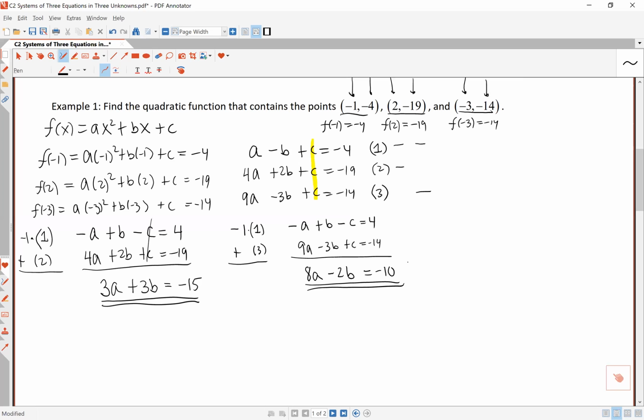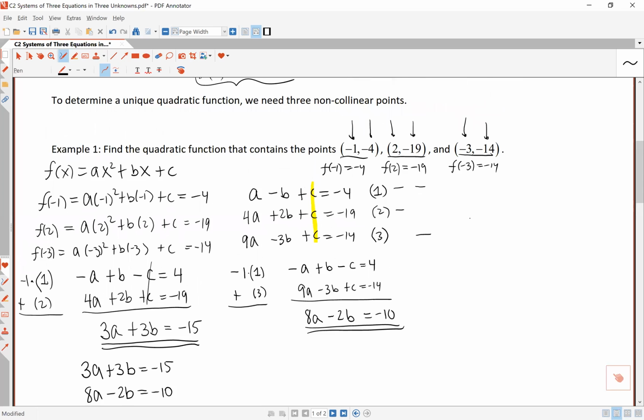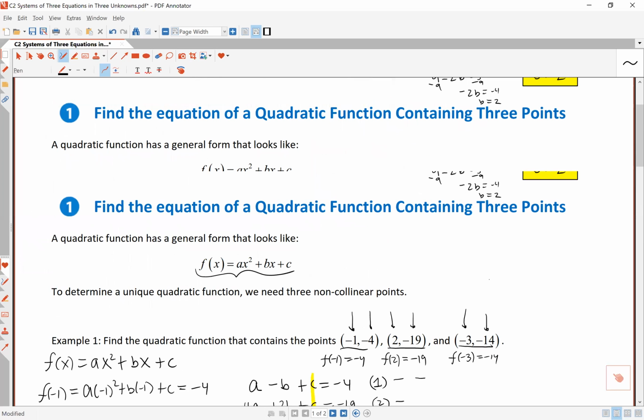These two equations together now form my new 2x2 system that we're going to use to solve for a and b, just like the practice problem.